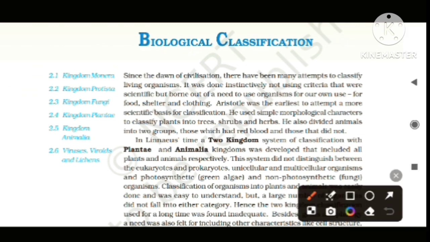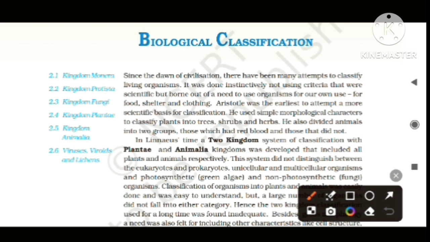In the earlier class we studied the living world, but in biological classification we start word to word with the introduction. Since the dawn of civilization, there have been many attempts to classify living organisms.